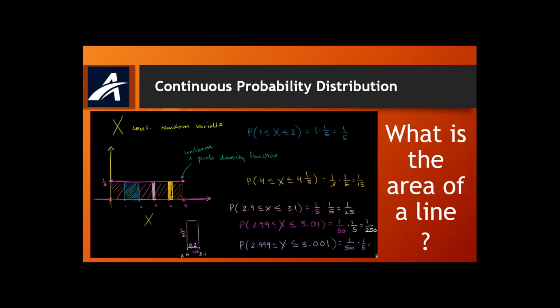Now we've made it smaller, between 4 and 4 1/3, and even smaller, between 2.9 and 3.1. That distance is 1/5, and the height is 1/5, so the area becomes 1/25.